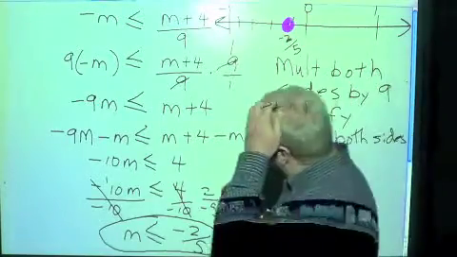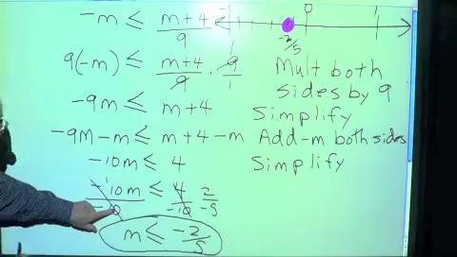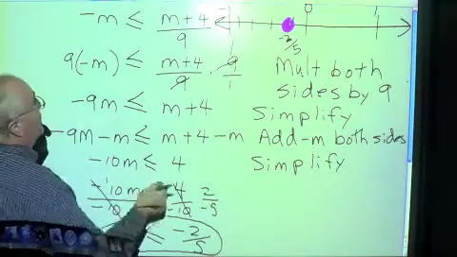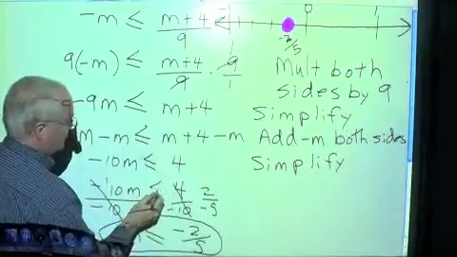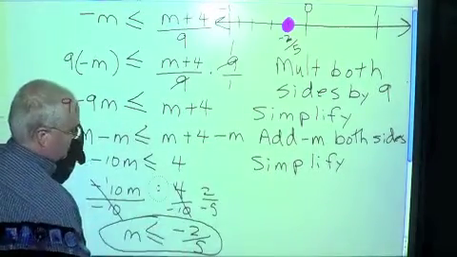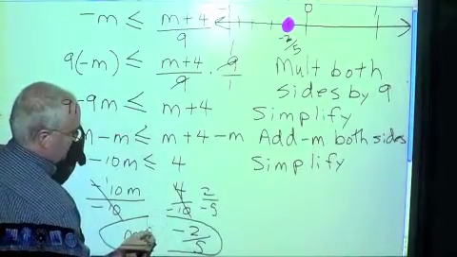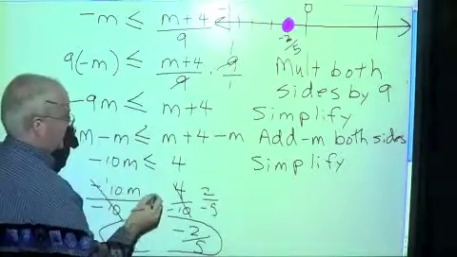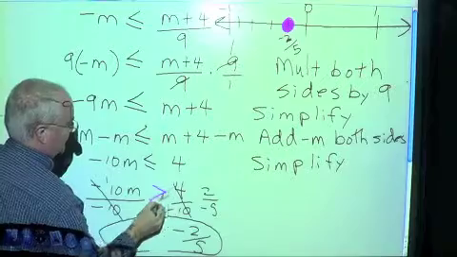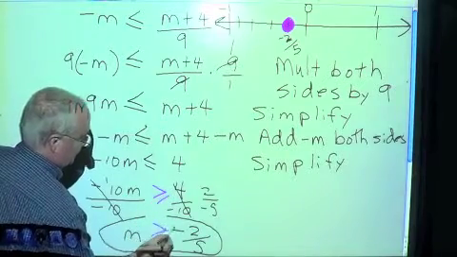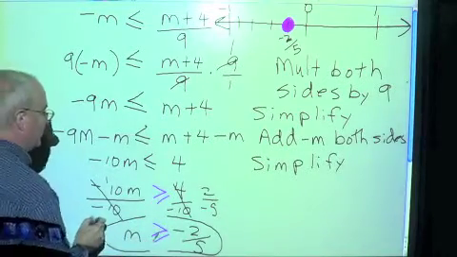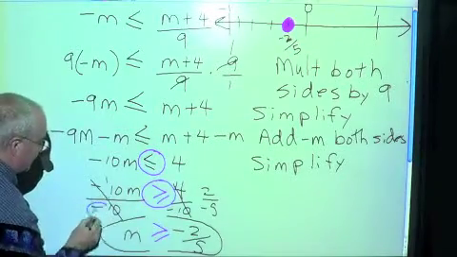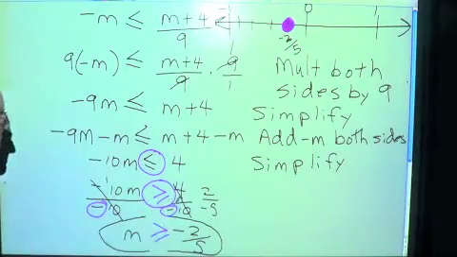Now, we did something wrong, didn't we? Because what happens when we divide by negative 10? What happens to this right here? We have to do what? We have to change that to what? Why? Because we divided by a negative 10.